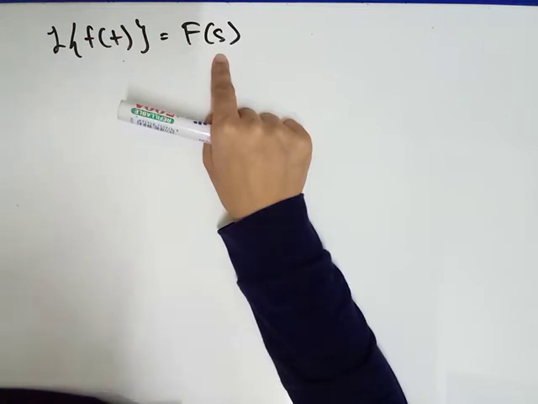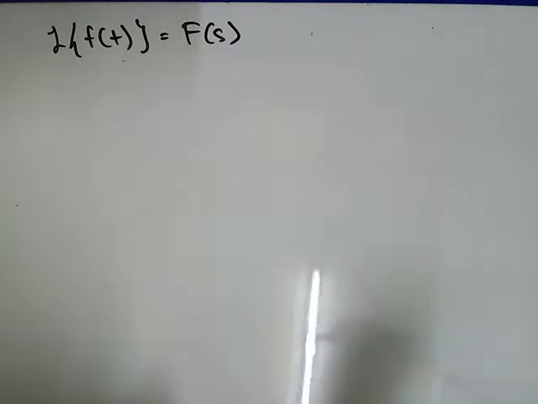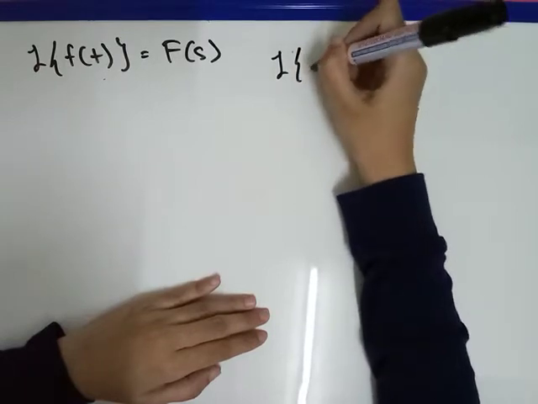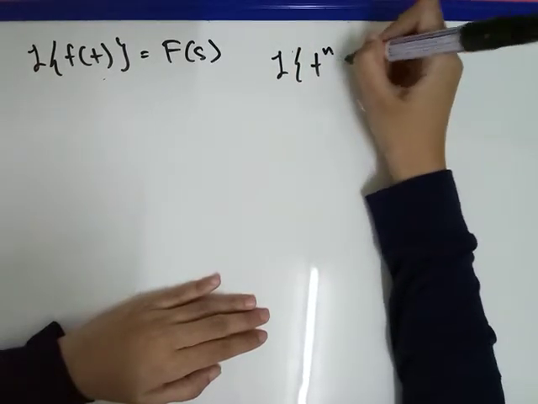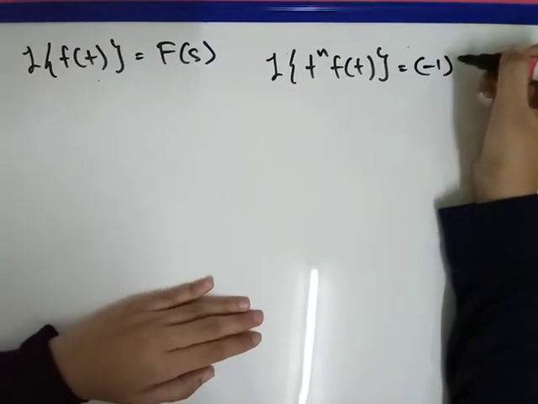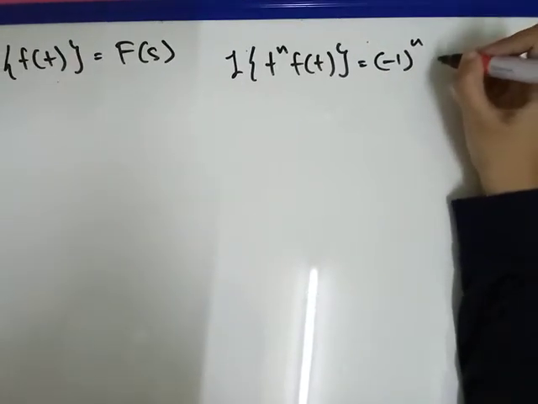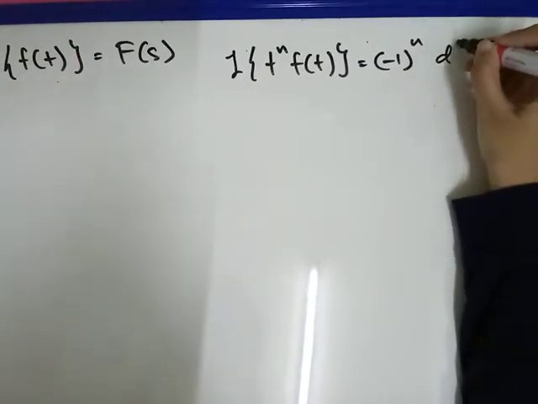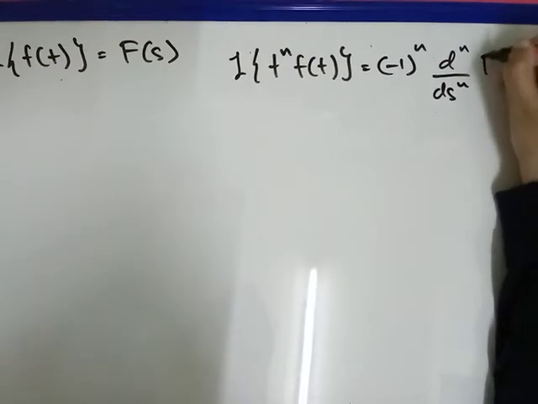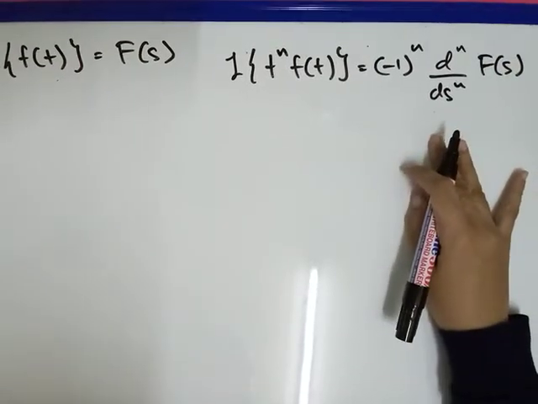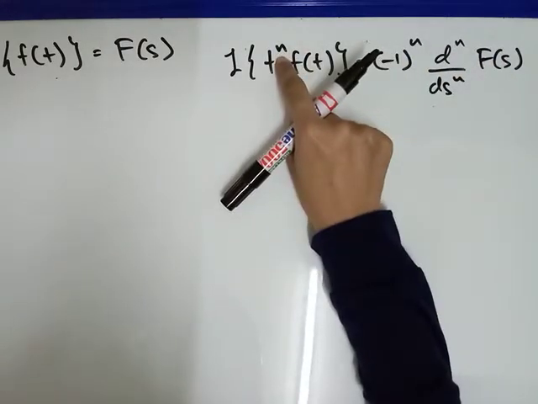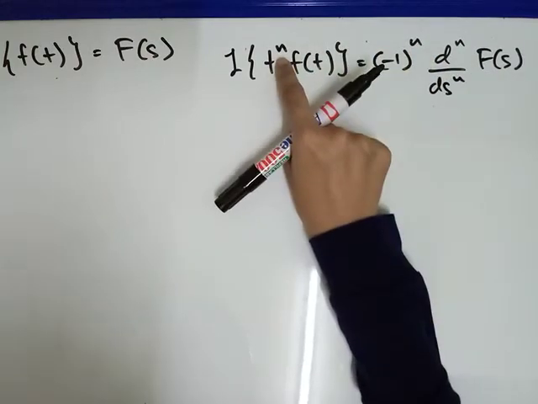Then when we apply the multiplication by power of t, the Laplace of t to the power n times f(t) is equal to -1 to the power n, multiplied by the n-th derivative of capital F of s. What is n? n refers to the power of t.